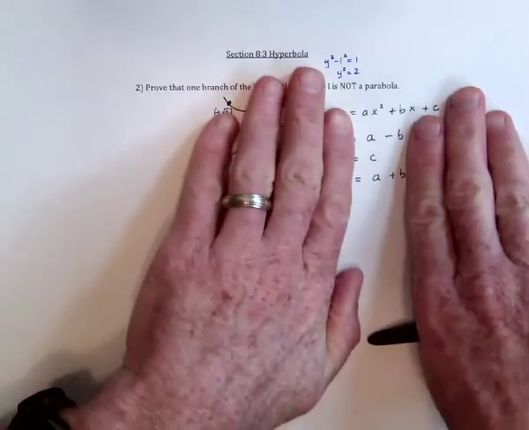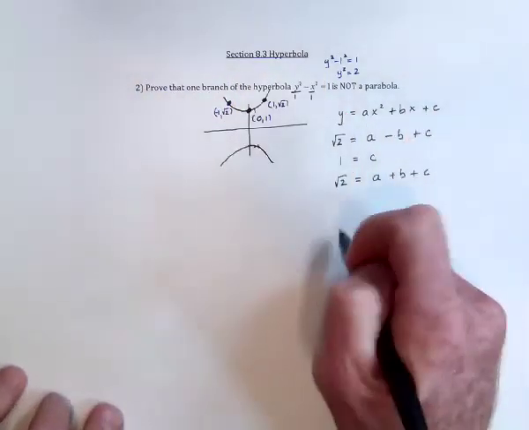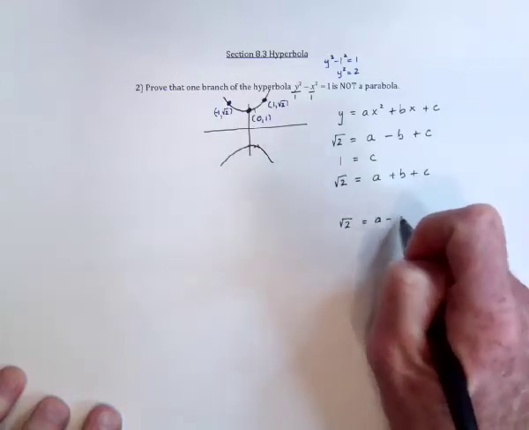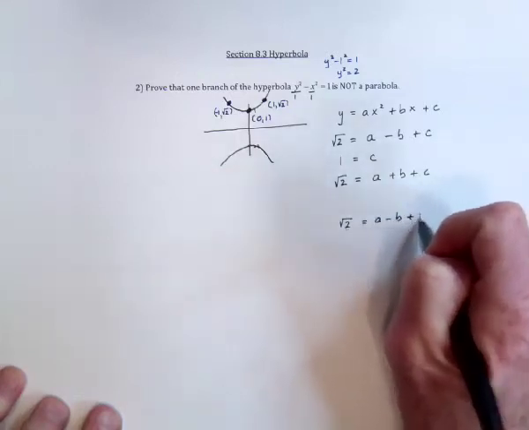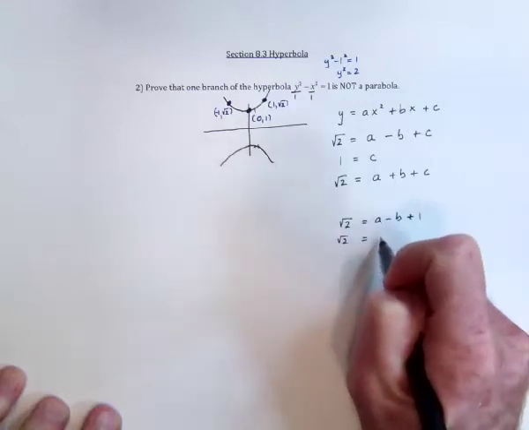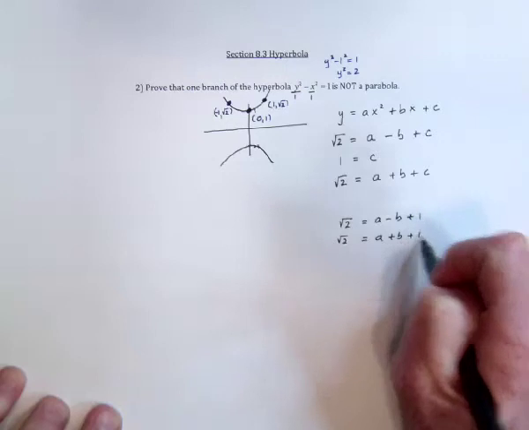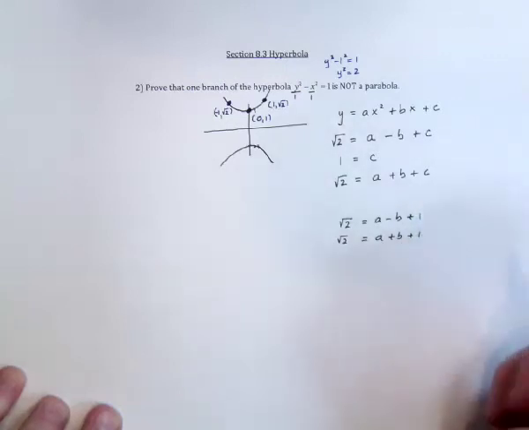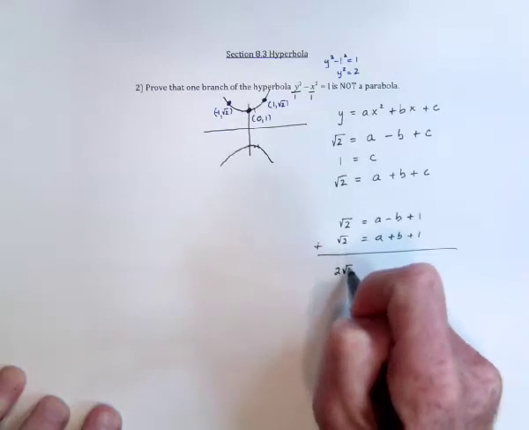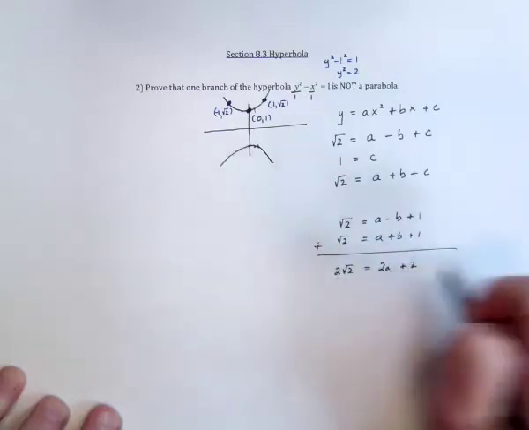And then if you add the two equations together, the b's are going to cancel. So we have the square root of 2 and a minus b plus 1. We have the square root of 2, the a plus b plus 1. And so add these together, and there's going to be 2 square roots of 2. There's going to be 2 a's, and there's going to be a 2.